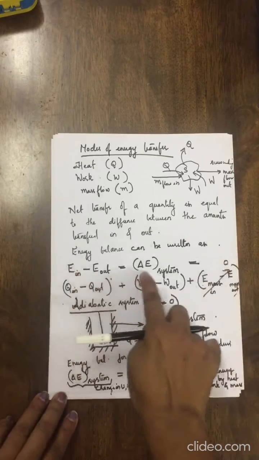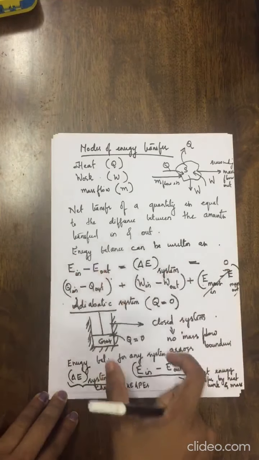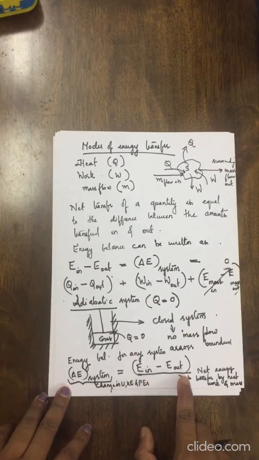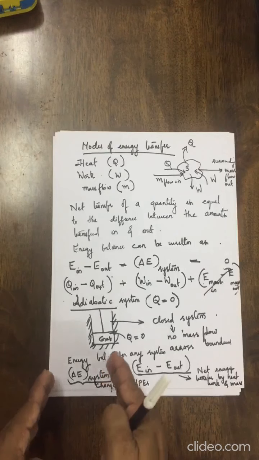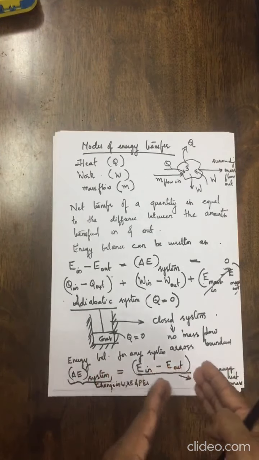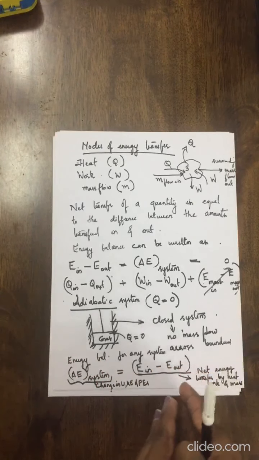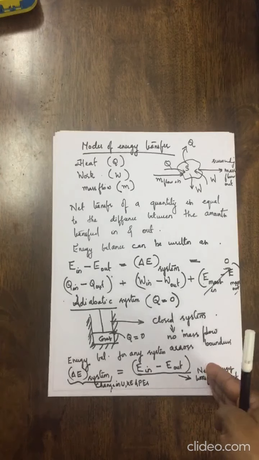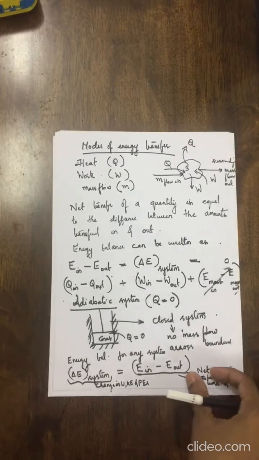In that case, the energy balance equation simplifies to del E of system is equal to E in minus E out. Change in the system means change in internal energy of the system, which is equal to energy in minus energy out through energy interaction modes, that is through heat transfer, work transfer, or mass transfer.